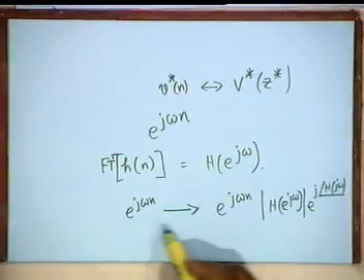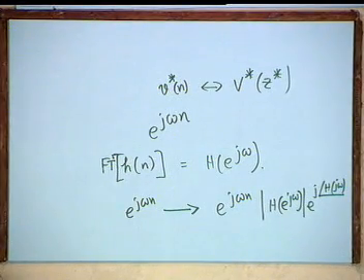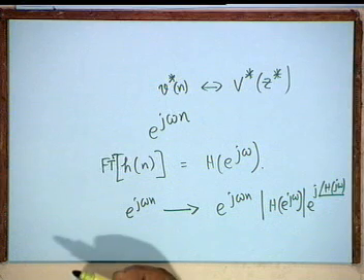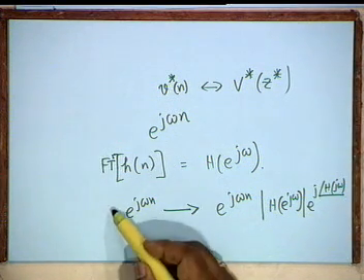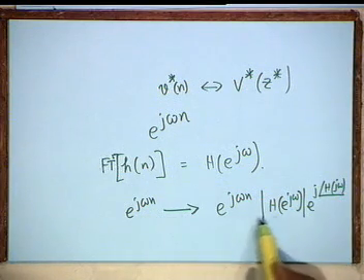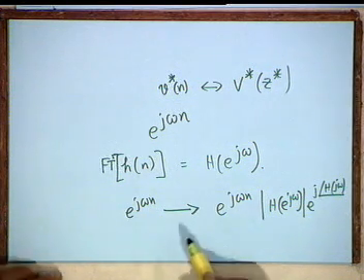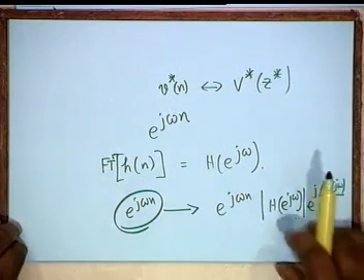And therefore, if I know the response to e to the j omega n, then I know the response to cosine omega n and also sine omega n, because it is a linear system. If I take the real part of the left hand side, I must take the real part of the right hand side. Similarly goes for the imaginary parts. Therefore, this signal is an extremely important signal for linear time invariant systems.